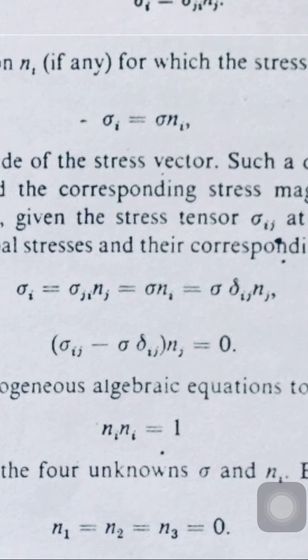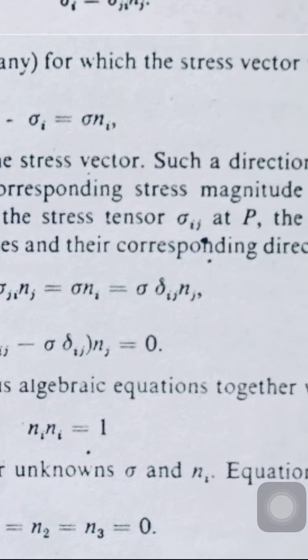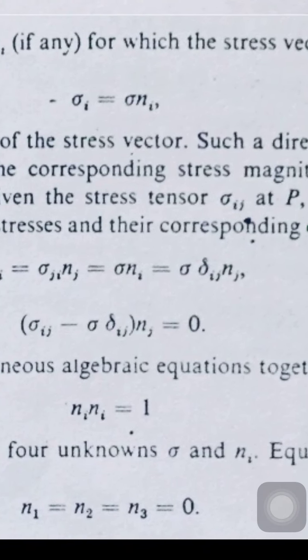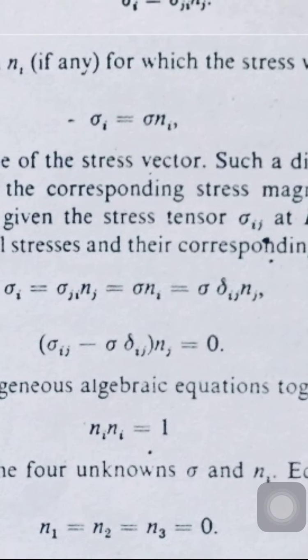Now the last term: sigma n_i can be written as sigma delta_ij n_j, where delta_ij becomes 1 when i equals j, so it again becomes sigma n_i. So n_i can be written as delta_ij n_j. Taking the second term sigma_ji n_j and the last term sigma delta_ij n_j combined, we get equation 2.45, in which n_j is common, taken outside.